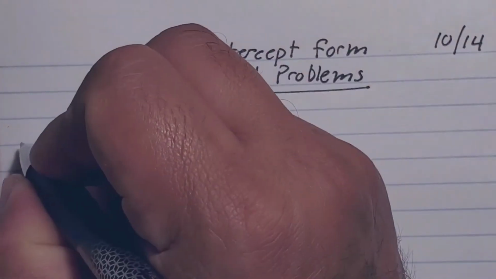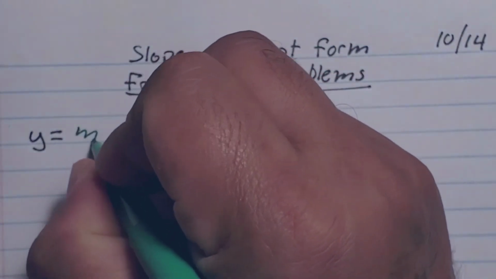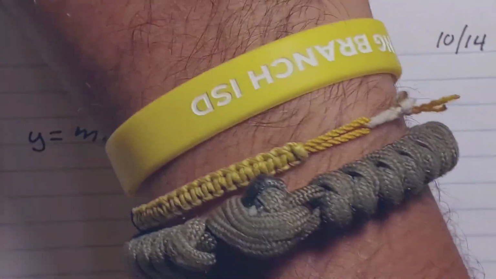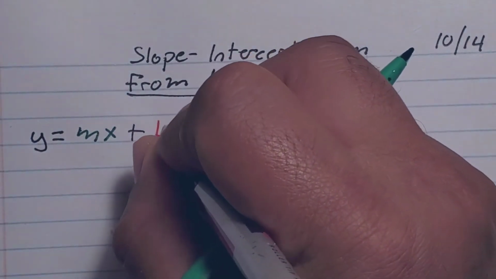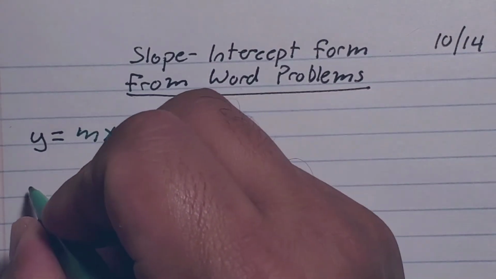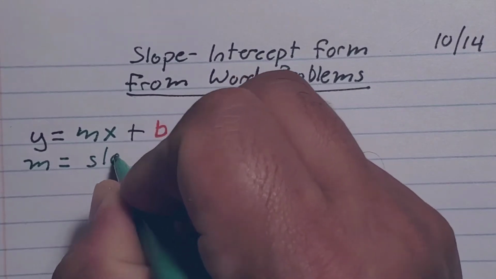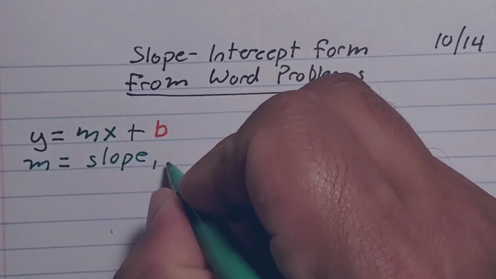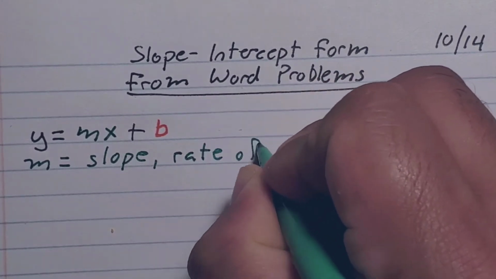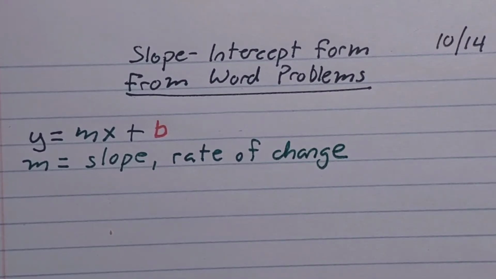So what's my equation? We have y equals mx plus b. We know that m is equal to slope, or the rate of change, which is the same thing.